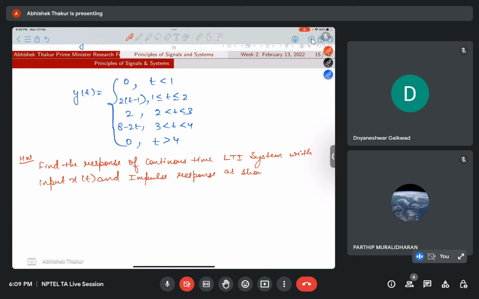You have to just find the convolution of ht with xt, and you will get yt. That is the output.